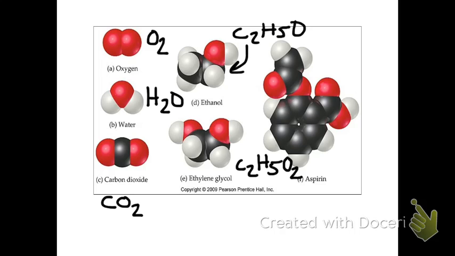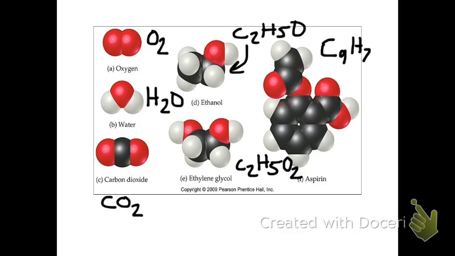Okay, aspirin. If you count up the number of carbons, the ones in black, it's 1, 2, 3, 4, 5, 6, 7, 8, 9, so C9 for 9 carbons. How many hydrogens? Let's count them. 1, 2, 3, 4, 5, 6, 7, so H7.